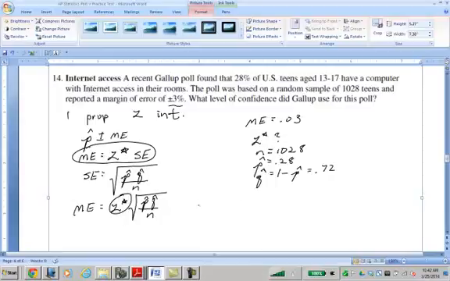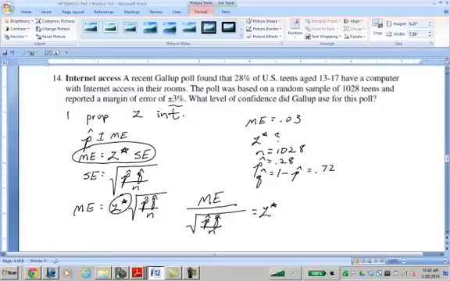By simple algebra, if we divide both sides by the square root of p hat q hat over n, then we get the margin of error divided by the square root of p hat q hat over n equals z star.